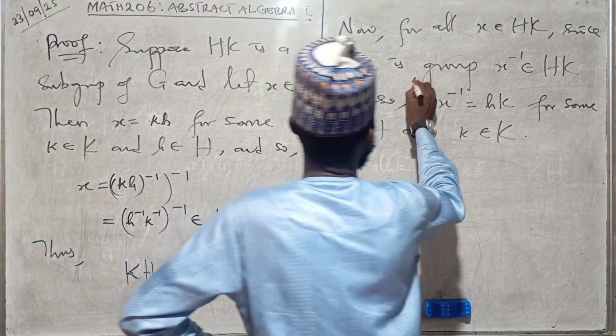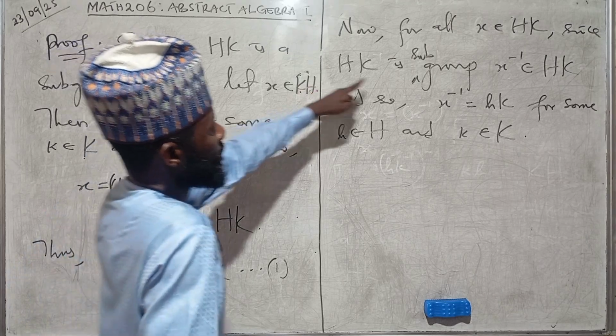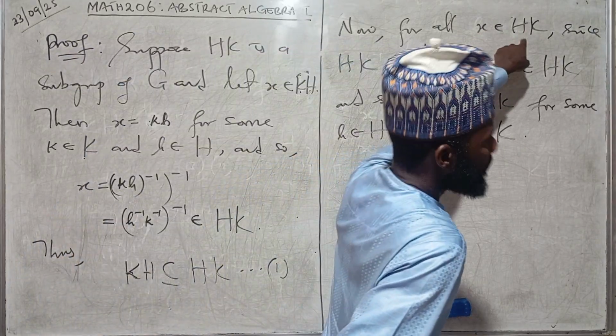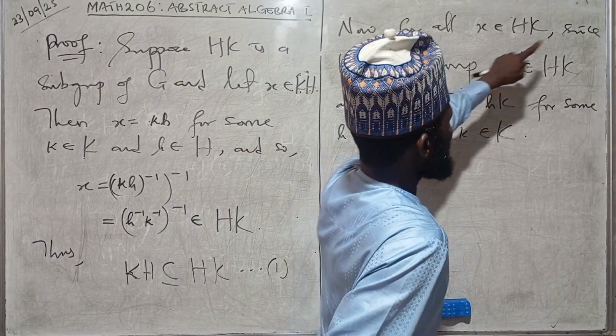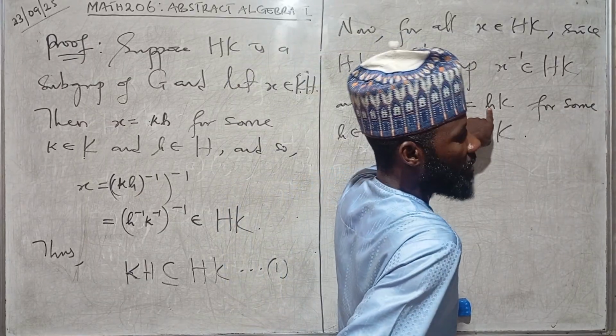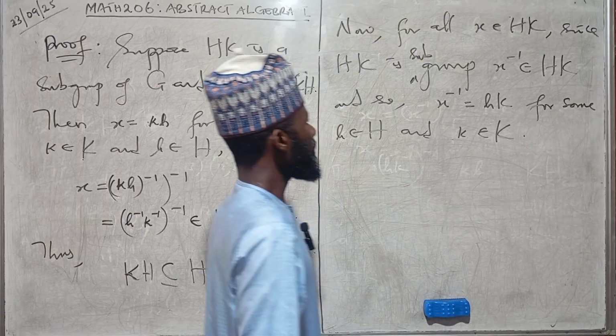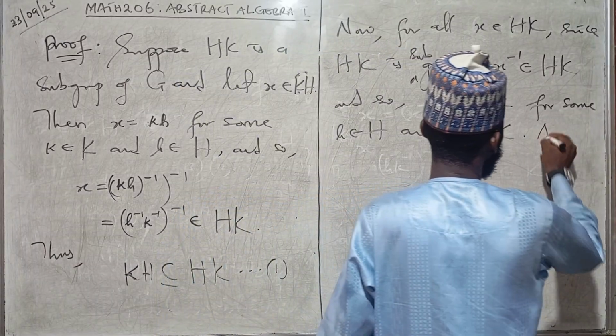It's a subgroup, not a group. Thank you. Since HK is a subgroup, if you take any element from HK, its inverse is still in HK, and that inverse can now be written as some element in H and some element in K. Is that okay?